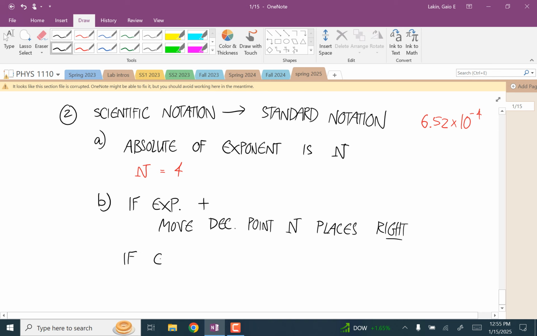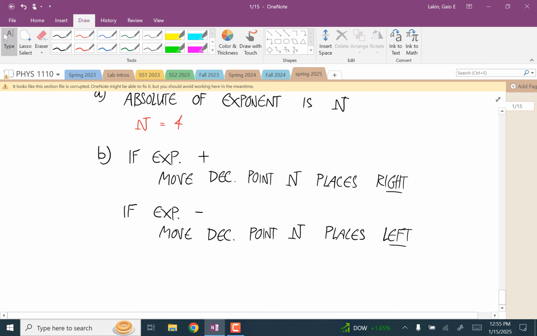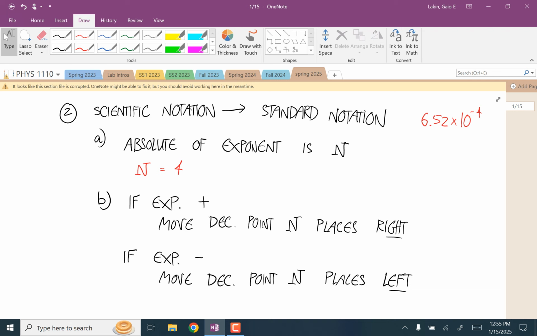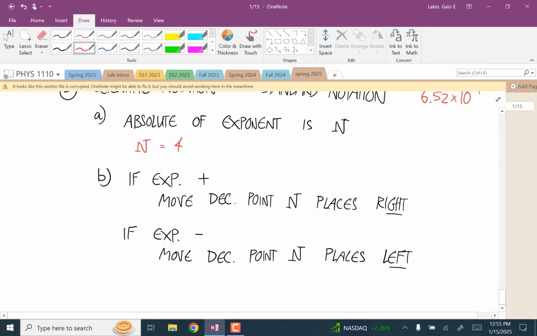And on the other hand, if the exponent is negative, I'm going to move the decimal point n places to the left. Okay. So in this example, this was negative, n was equal to 4, so I know I'm going to move the decimal point n places to the left.